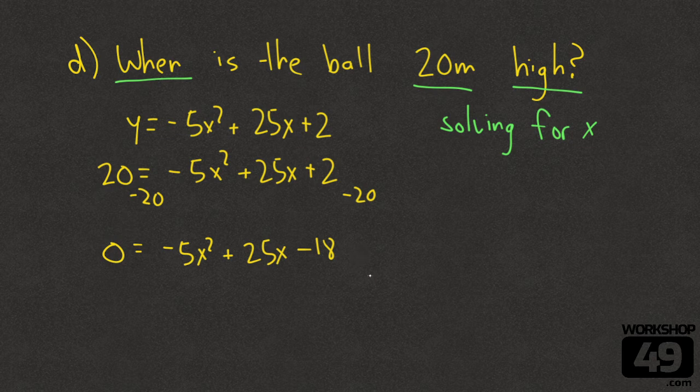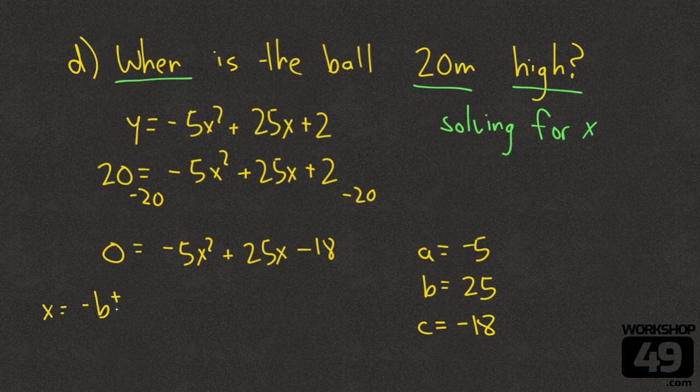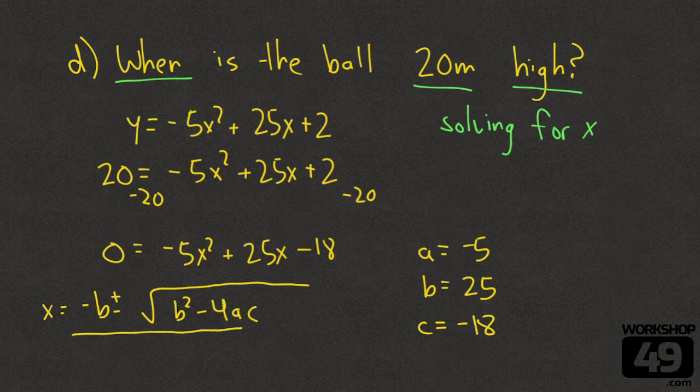This looks awfully familiar. We're doing it again, because this time we have an a value equal to negative 5 and a b value equal to 25, but our c value is negative 18. x equals negative b plus or minus the square root of b squared minus 4ac all over 2a. Anytime you want to solve for an x value, if you have been asked to solve for the time, you are going to this equation right here.